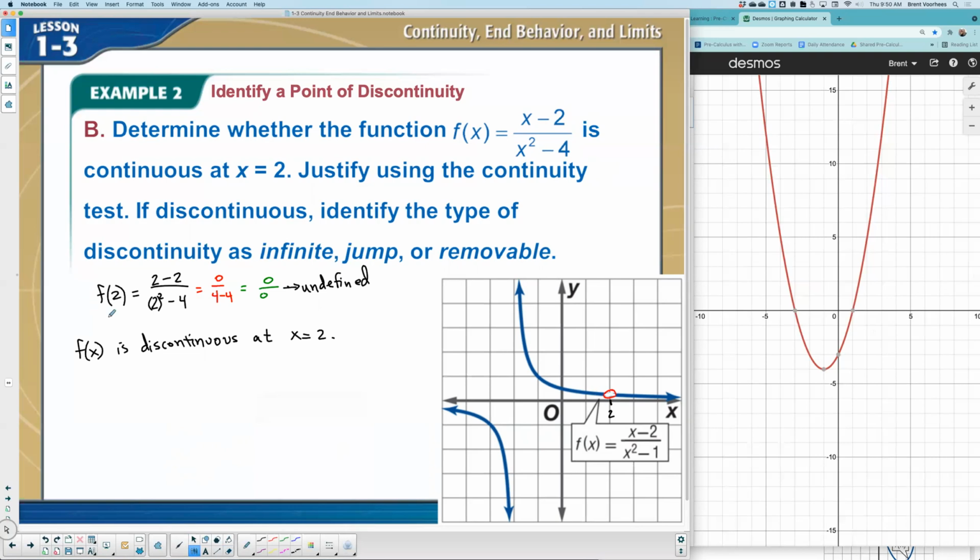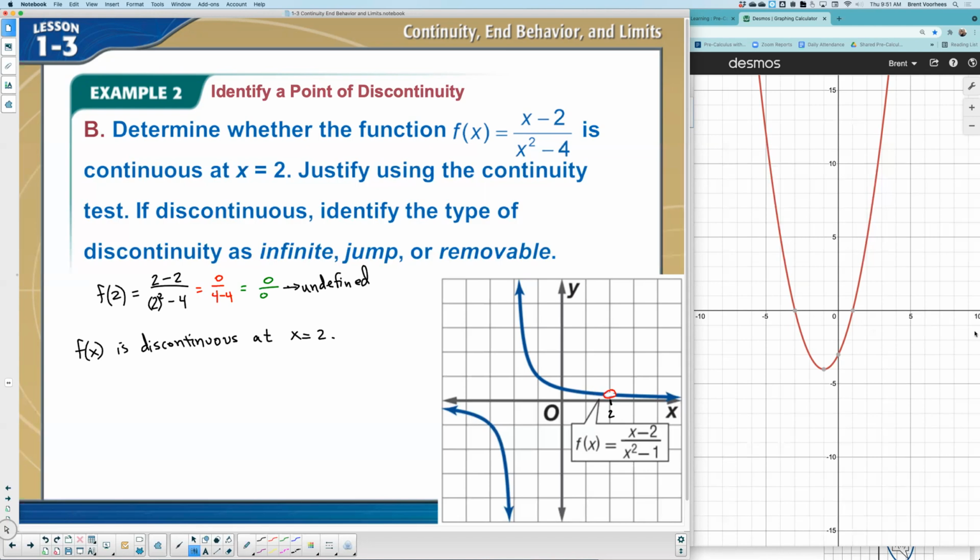Now, how do we figure out it was an open circle? When I plugged in the 2, I got division by 0, and you're not allowed to do that. So f of x is discontinuous. What type of discontinuity is at 2? Was this infinite, jump, or removable? Look at your little cheat sheet. Go back and look at your cheat sheet. Is this infinite, jump, or removable?